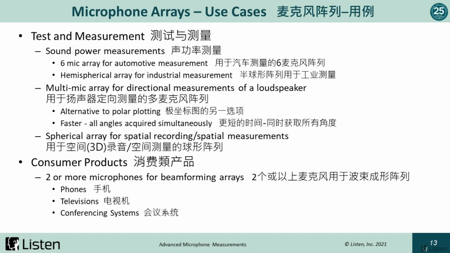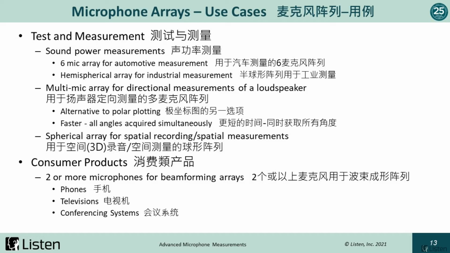So it's an alternative to polar plotting, and it's much faster because we're able to acquire all of our angles simultaneously. The only limitation here is your number of channels. So you really do need to have quite a large array for this, and SoundCheck can support up to 64 microphones. So that should cover most of these applications quite nicely.